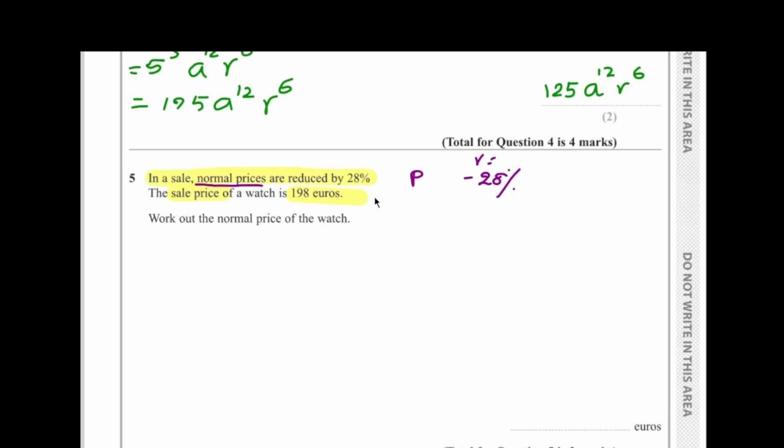The sale price is the new value, which means 198 euros. Work out the normal price.